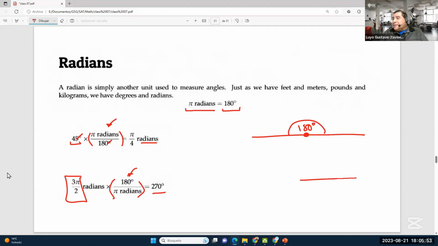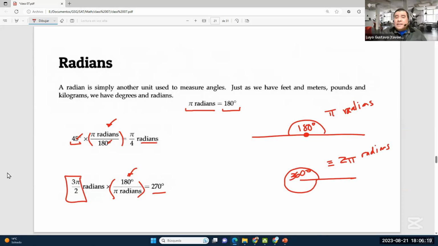So a complete loop or a complete turn of 360 degrees is equivalent to 2 pi radians. This is pi radians, and this is 2 pi radians.